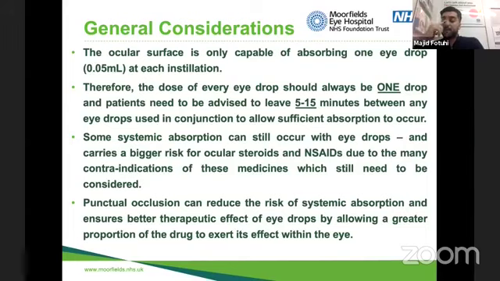And if you press there after you've administered the eye drop, this blocks the nasolacrimal drainage, so it's not entering the system through this route, which is how the eye drops enter the body. And it also has an added benefit of keeping the drug within the eye and allowing it to exert its effect more topically where it's needed.